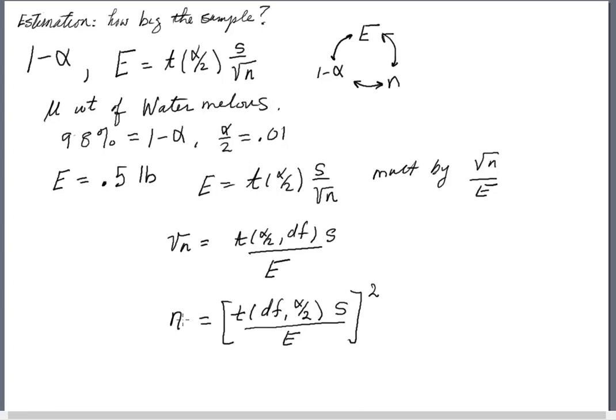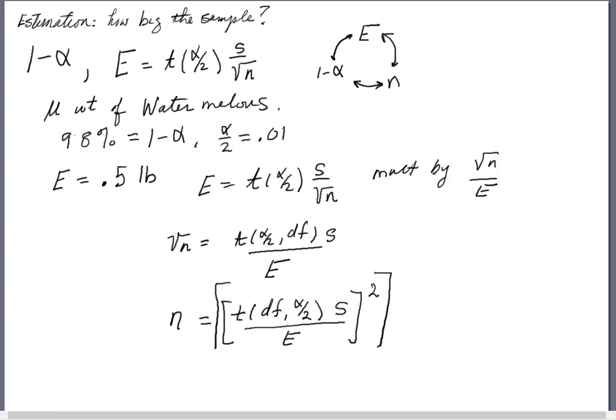Well, n is our sample size, and that can't have a decimal part to it. So we would just round this value up to the nearest whole number, and these two little brackets here, that's called the ceiling function, and it just means whatever's inside there rounded up to the next integer.